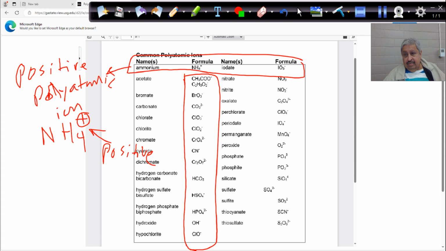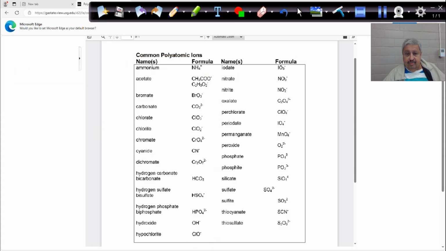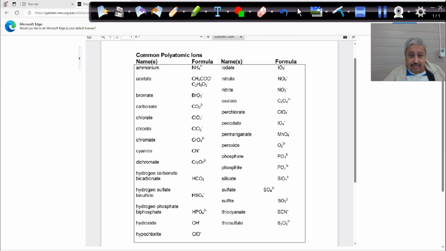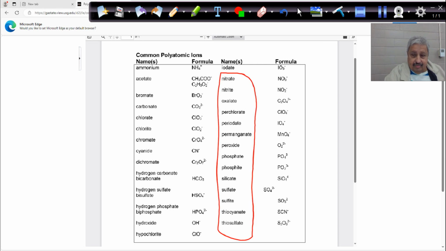So let's take one of those here, any one of those groups you like. Which one? Anyone? Their names are here. No, that's oxalate here.